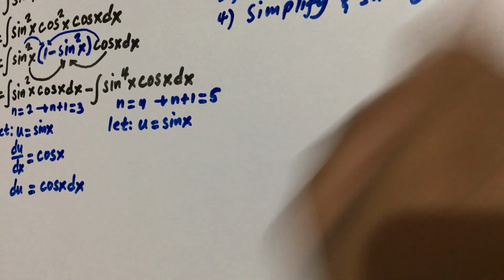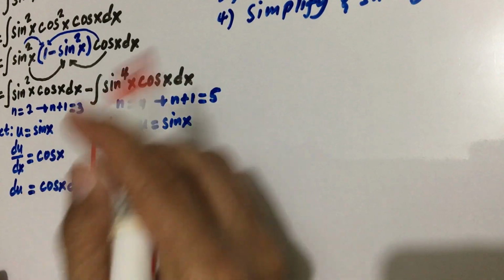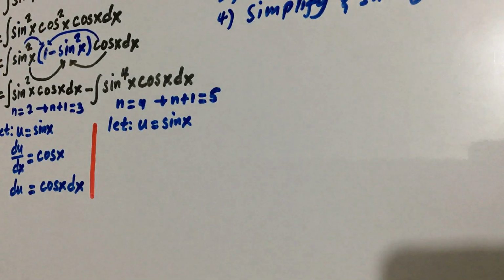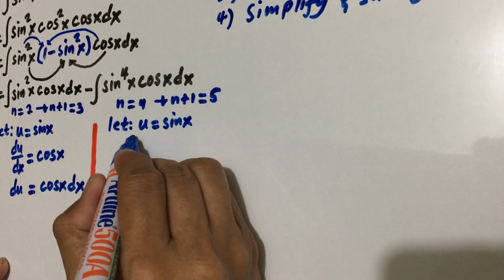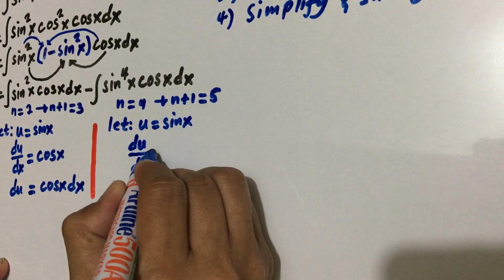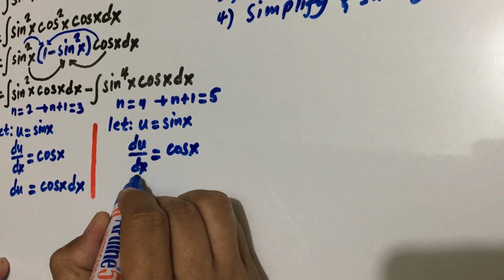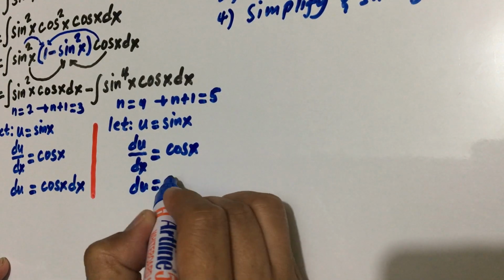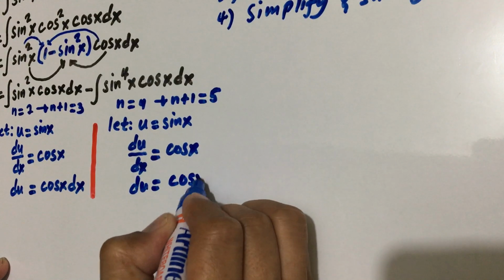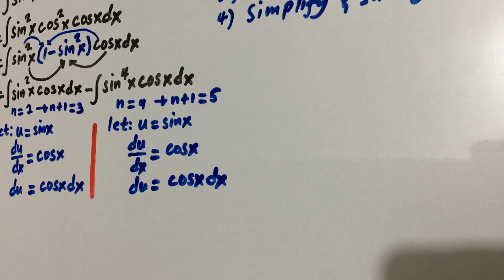And similarly, for the second term, if we take the derivative of u with respect to x, we have the same result, class, because they're just the same. So this is also cosine x, then solving for du, this is equal to cosine x dx.